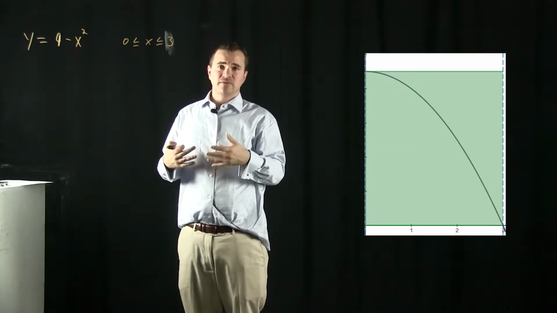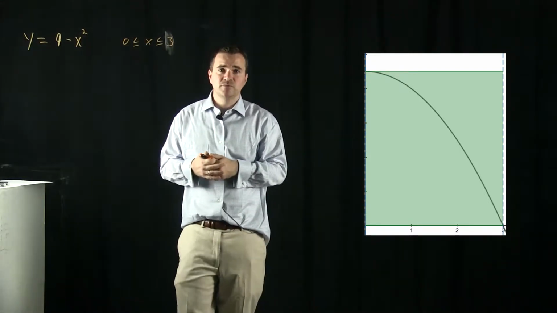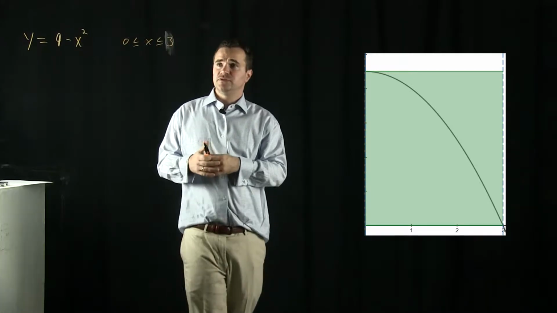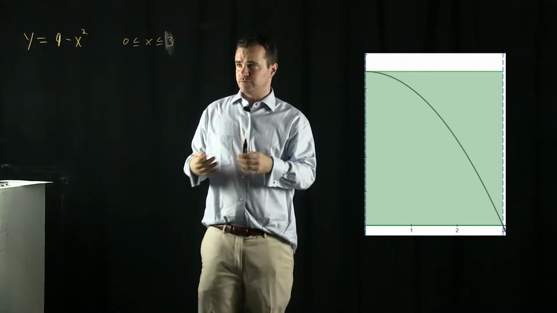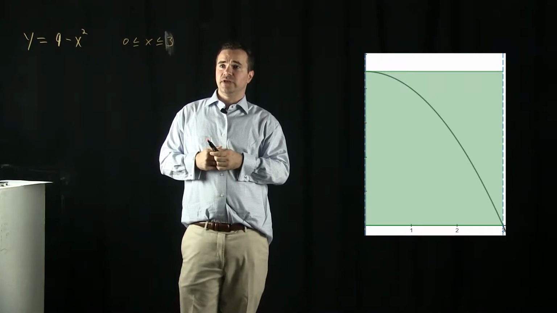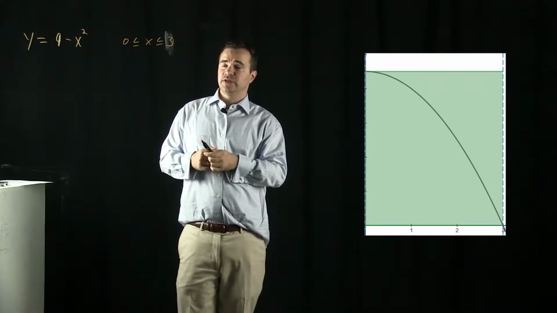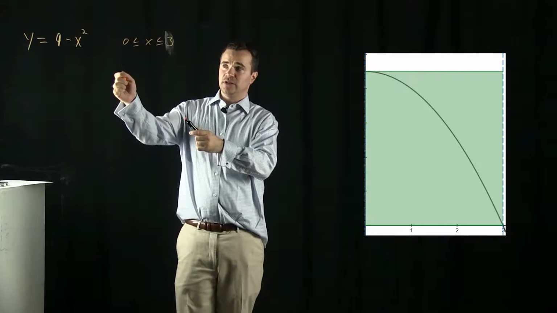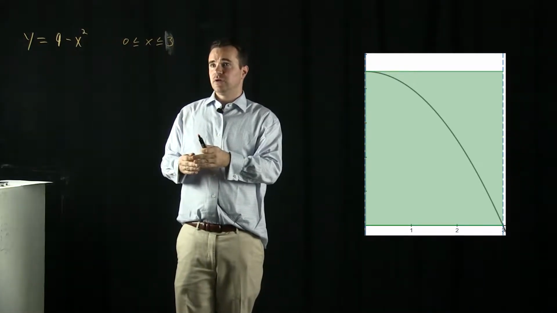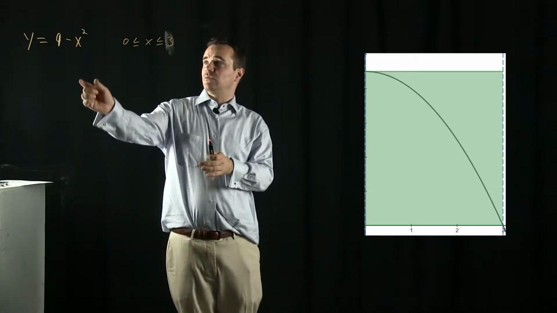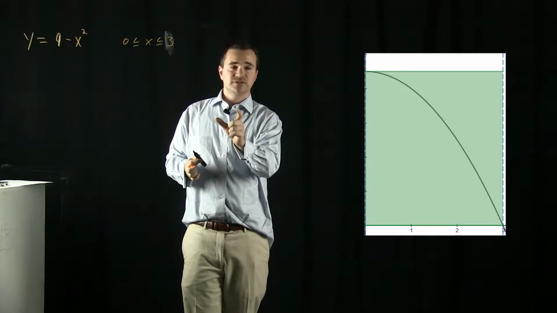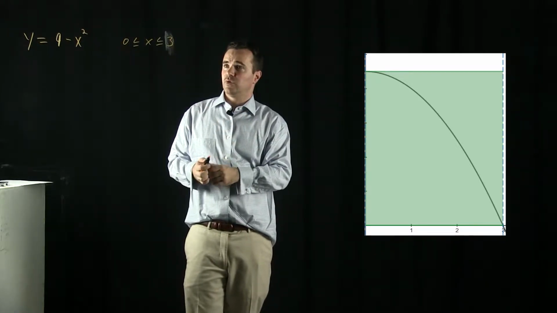But that's not a very good approximation, so how can you do better? Well, you might split up this interval from 0 to 3 in half and get two rectangles. You might have one rectangle with height 9 and base 0 to 1.5, and a second rectangle whose height would be the y value from plugging in 1.5, and whose width would still be 1.5.